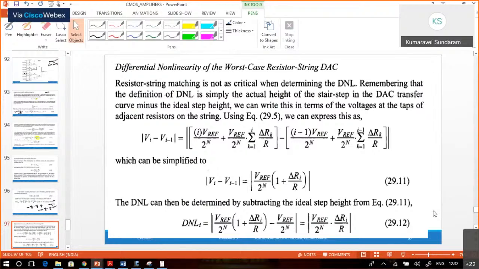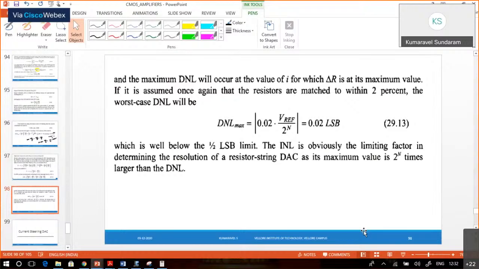Similarly for DNL, VI minus 1. Here also it should not be less than -1 LSB. So we are getting like 0.0. So the purpose of this session is, rather than again explaining the literature, which we may be aware of, to show in an advanced manner how to calculate INL and how characterization has to be done.